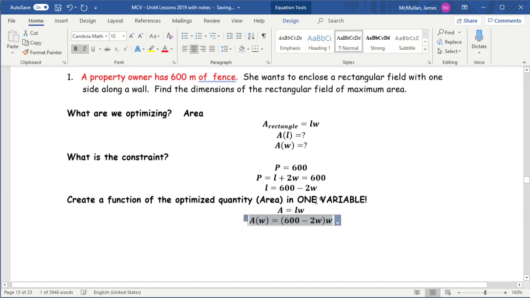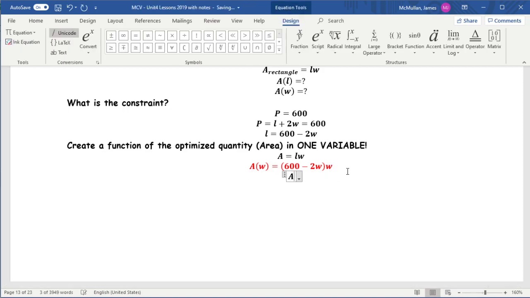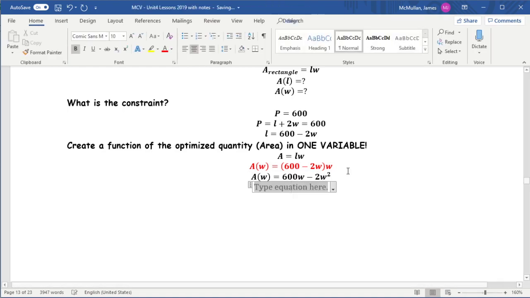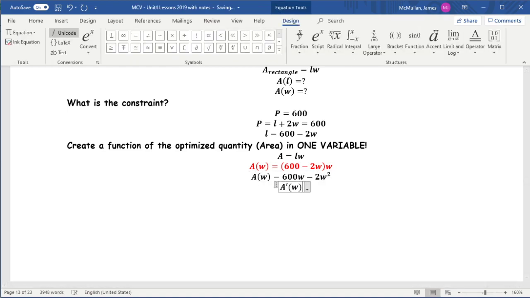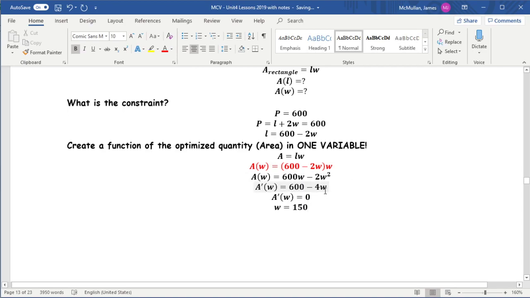Now here is the important piece, because once you have this equation, you can do your calculus and optimize that equation. So area in terms of width is 600W minus 2W squared. Therefore, area prime is equal to 600 minus 4W. Area prime equals 0, W equals 150. You can see that 4 times 150 is 600.